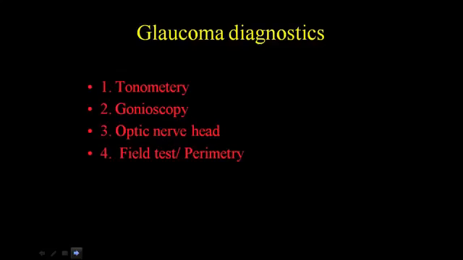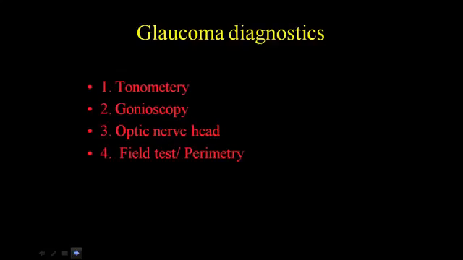And the fourth is evaluation of the anterior chamber angle, which is termed gonioscopy. Now, these are the four most important diagnostic tools or four main components on the basis of which you have to diagnose glaucoma. We'll discuss these four diagnostic techniques briefly.